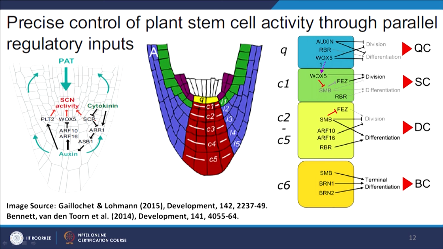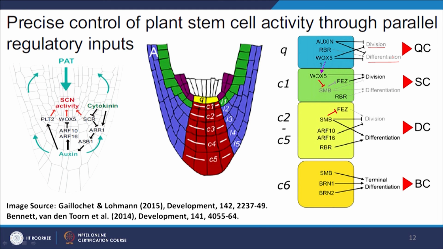Here, if you look layer wise at how regulation is working, this is your QC, this is C1, C2, C3, C4, C5. So, what happens in the QC?